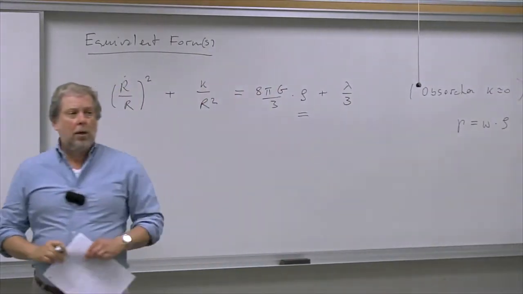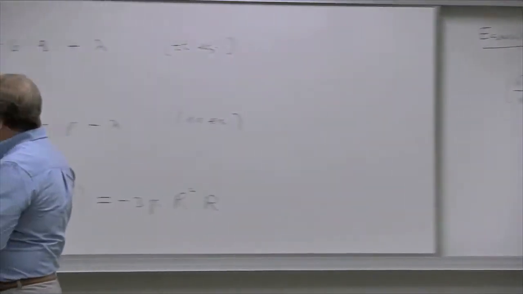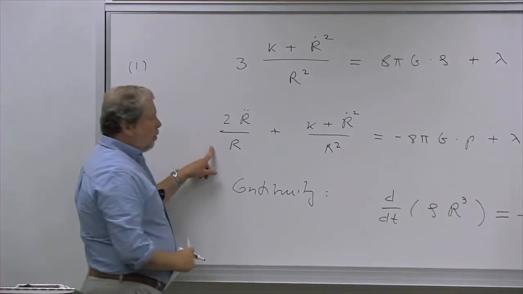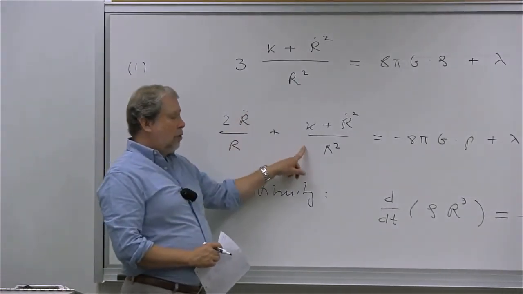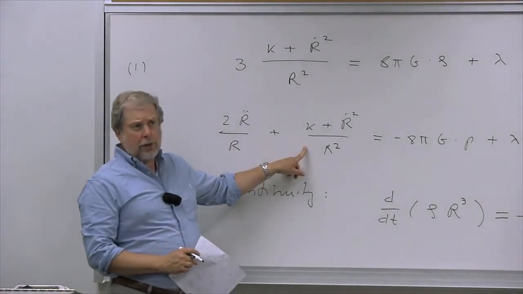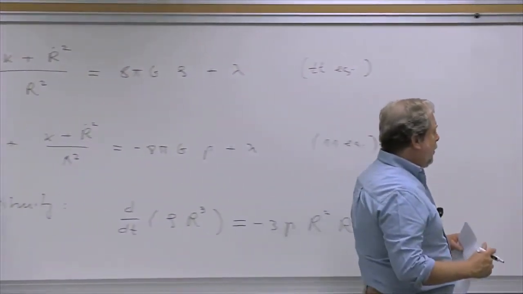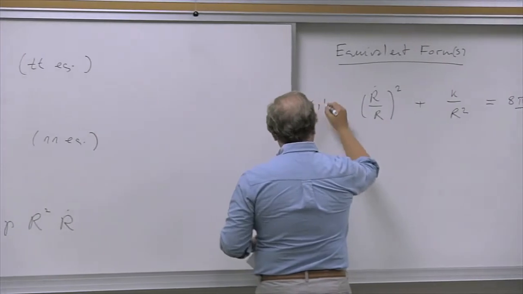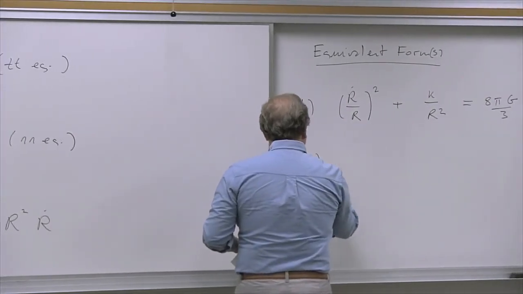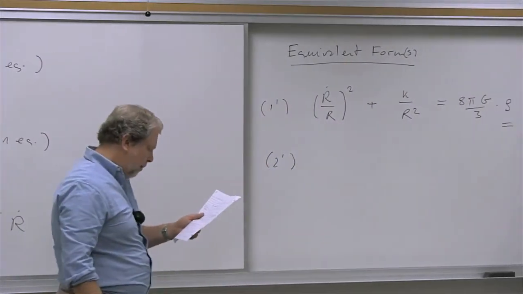There is no P. And so the other equation that you can write down is what you get from equation number 2, as I've indicated, substituting the first equation into it for this combination here. So that means that this would be like equation 1 prime if you want. And equation 2 prime would be an equation for the acceleration only, right?